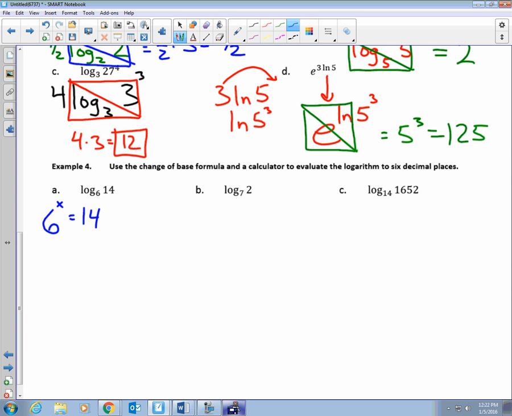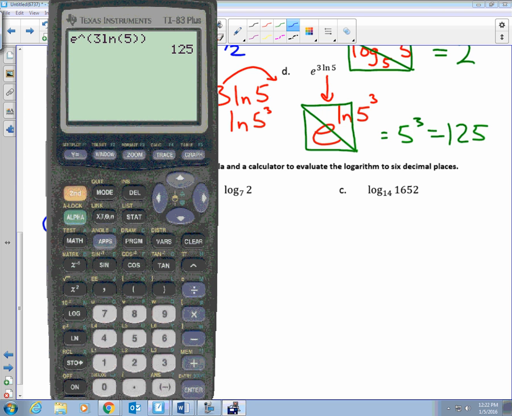Why don't I give you an estimate? 1.5. I think that's a really good guess. Let's try that. 6 to the 1.5.